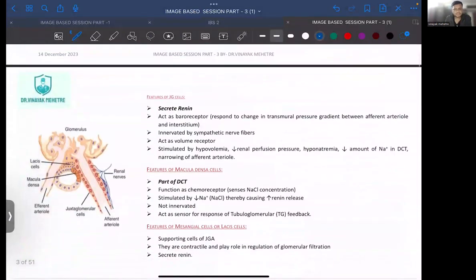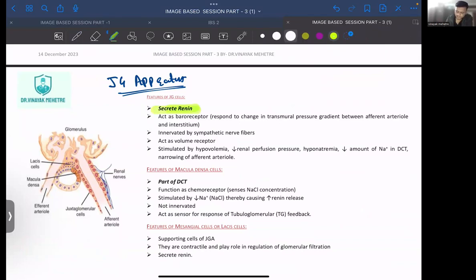The most important thing that you need to remember is the JG apparatus. Paper 1 questions: what do JG cells secrete? They secrete renin. They are baroreceptors. Then comes the macula densa.